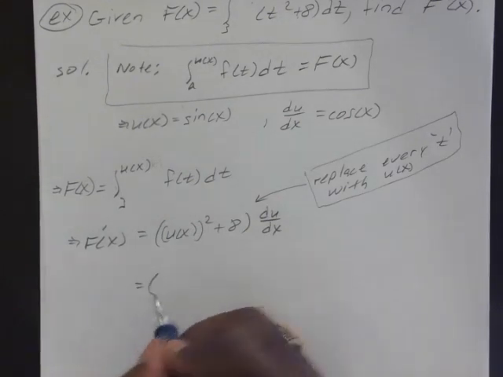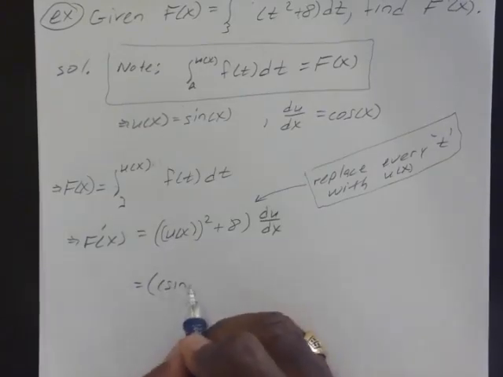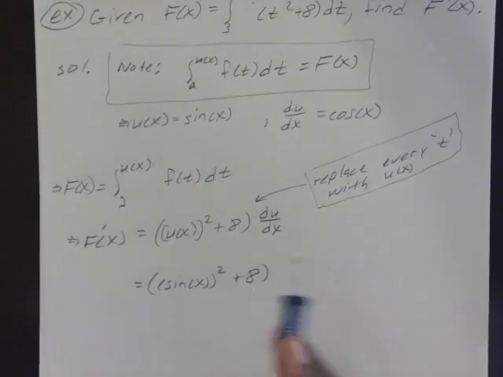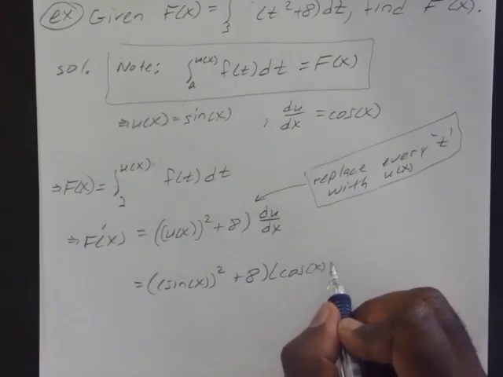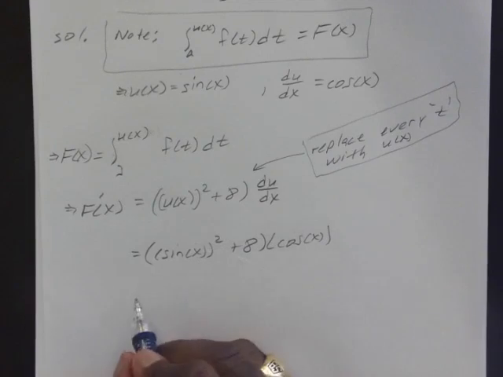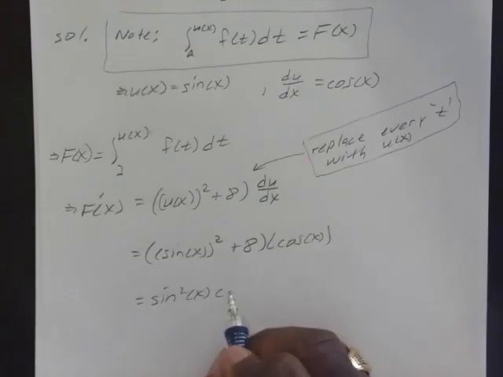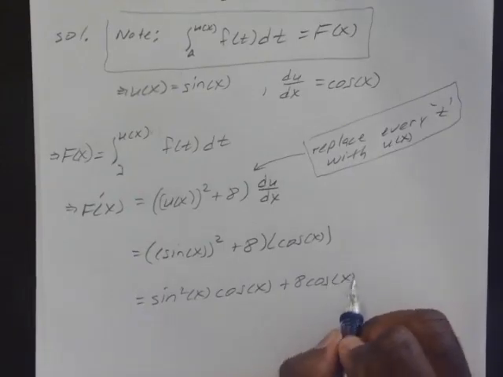Okay, so this is equal to, since u of x is sine of x, that's sine of x squared plus 8 times your du dx, which is cosine of x. So you could leave it like that, or you can distribute the cosine, where you get sine squared of x times cosine of x plus 8 times cosine of x.